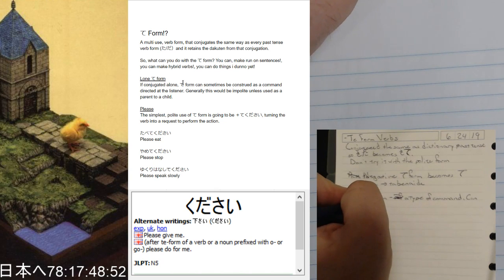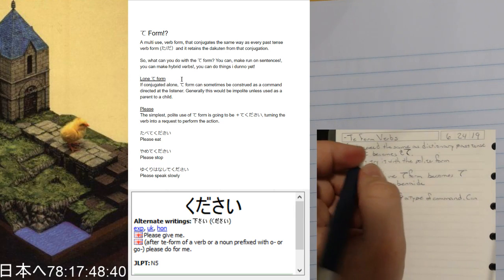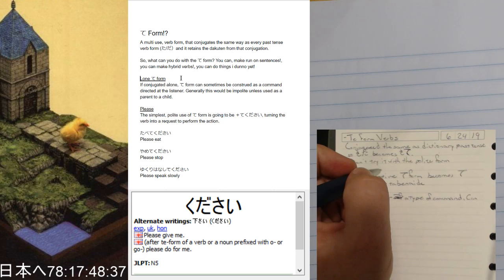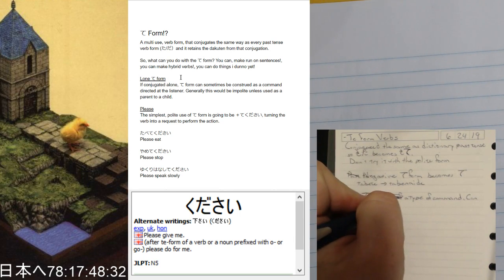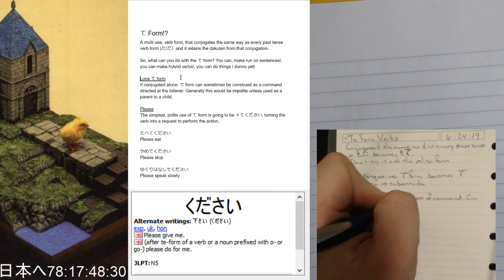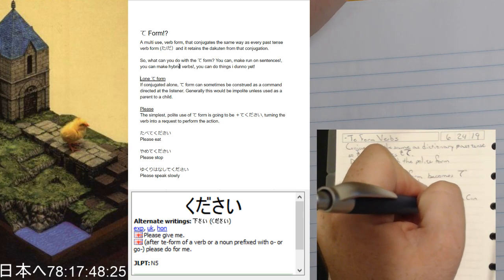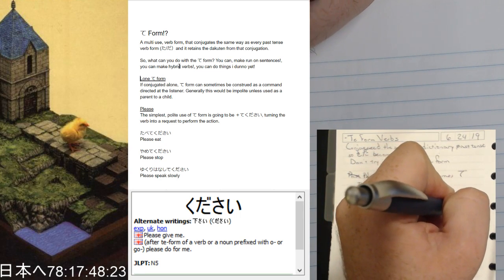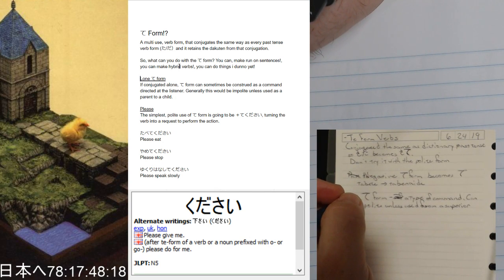Or a goddess to a shut-in that is a hero in another world. Telling him, Tasukete! Telling him to save her. Yes, exactly. So that's really easy. Te form, you're commanding somebody to do something.